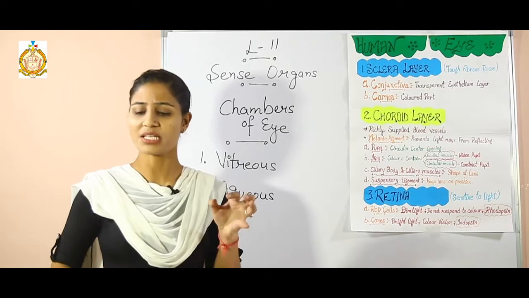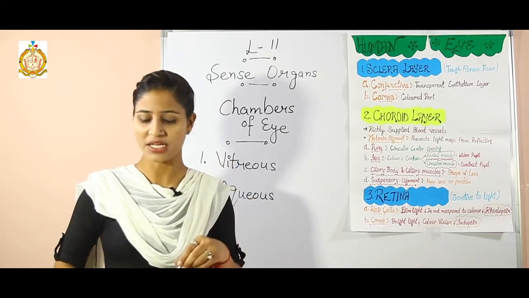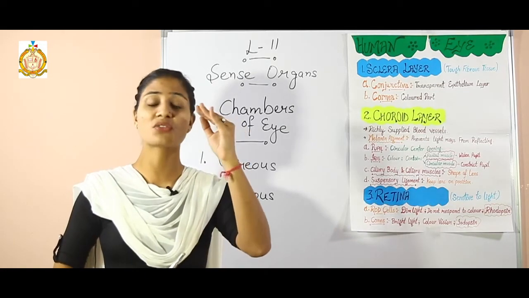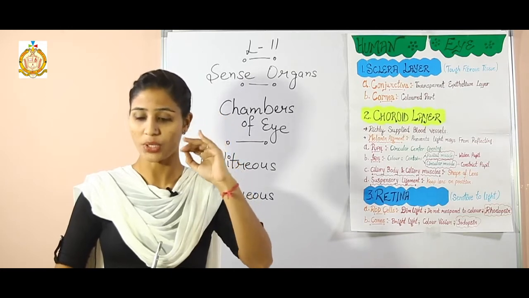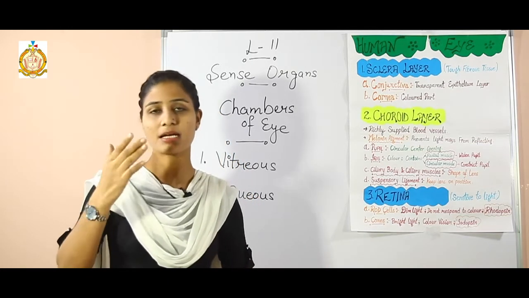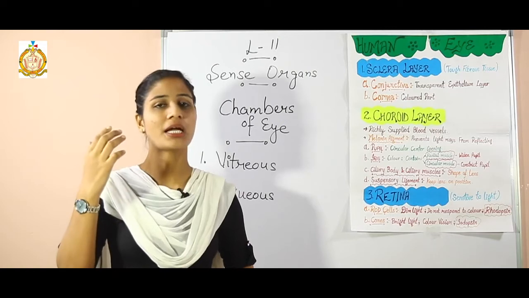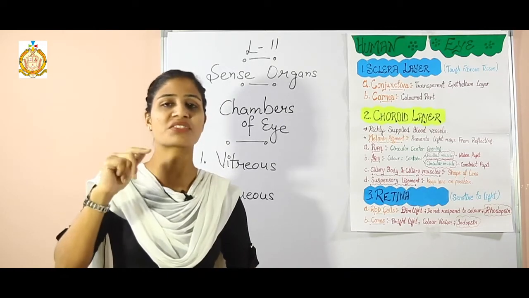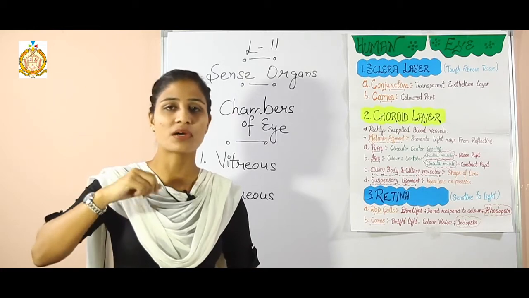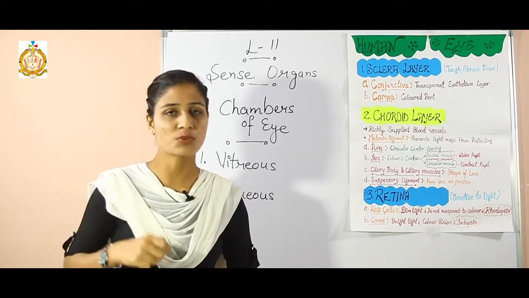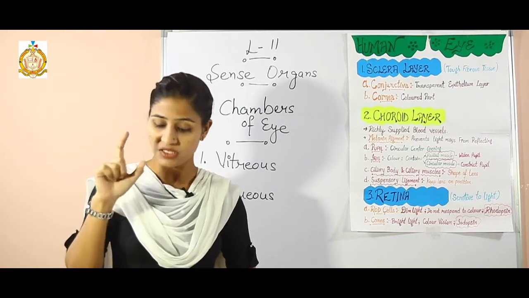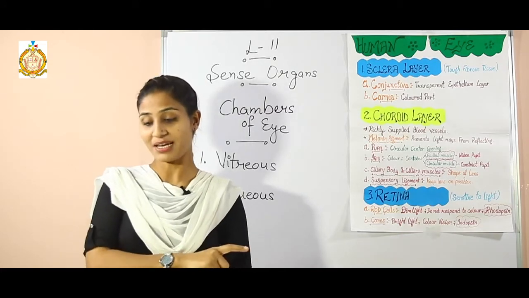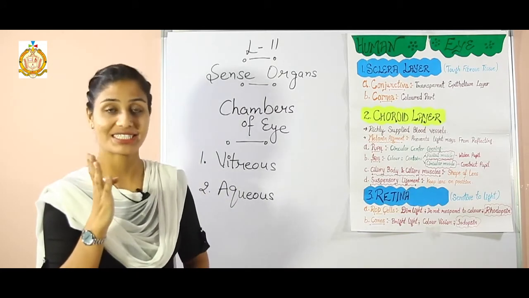Why so? Because in this situation, the image is not forming on the retina, and it is forming just before the retina. That's why the person is not able to focus on things at distant positions. So the concave lens, I told you wrong, sorry for that.